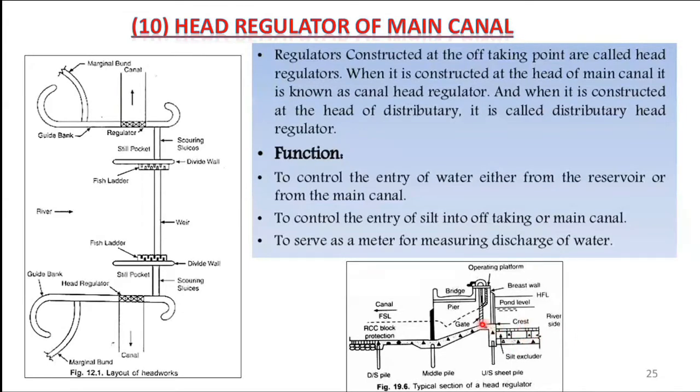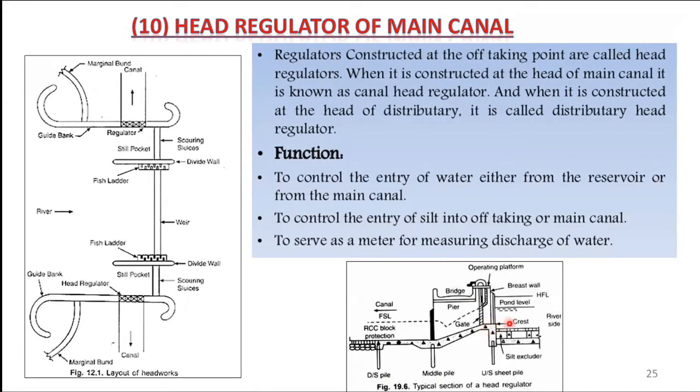And if you will see, this is the crest of the head regulator of the main canal, and then this is the downstream glacis, and this is the downstream flow. And again, we have to provide these sheet piles. This is the upstream sheet pile, intermediate sheet pile, and downstream sheet pile, and here there are gates.